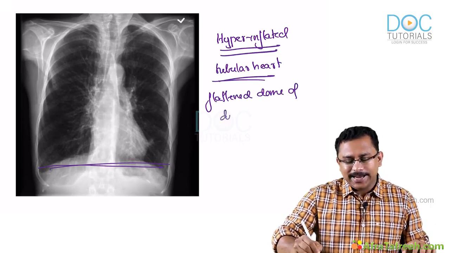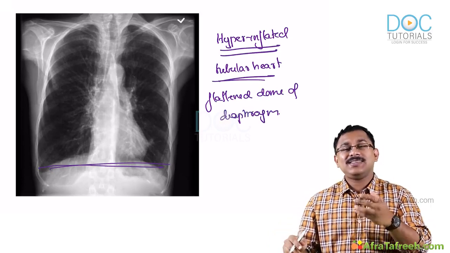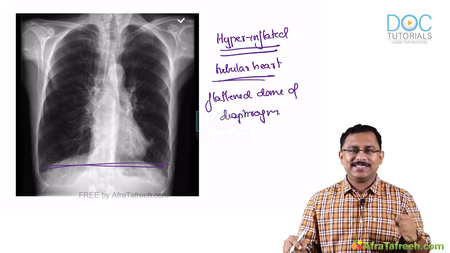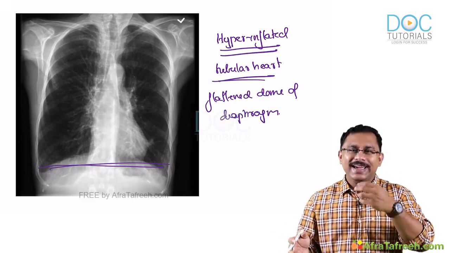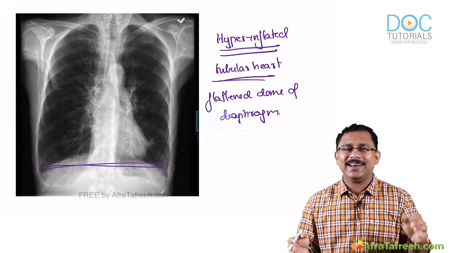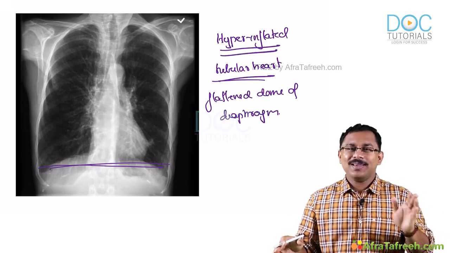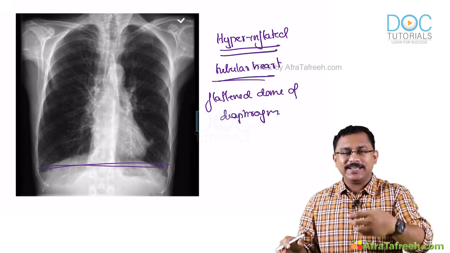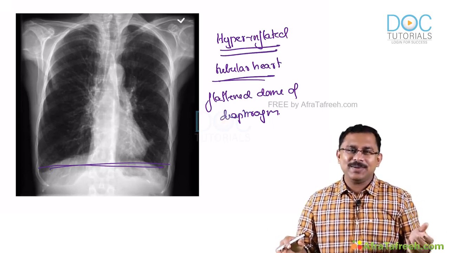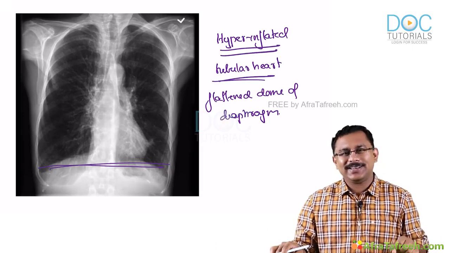Okay, and this type of hyperinflation is more common with what? It is more common with your emphysema. So such a chest X-ray is more likely to be an emphysematous change rather than a chronic bronchitis. But remember what I already told you, a particular individual may have pathological changes of emphysema and bronchitis in the same individual, because naturally the triggering factor is the same, that is your cigarette smoke.